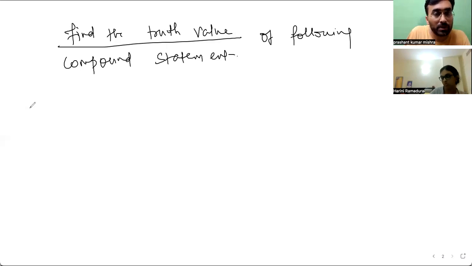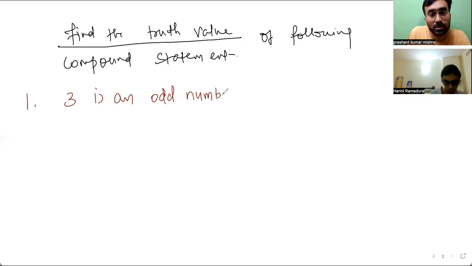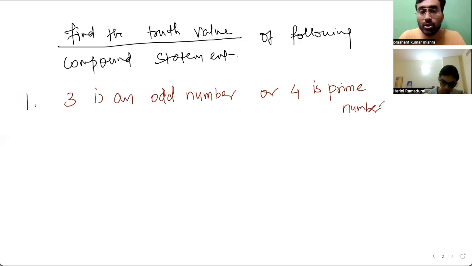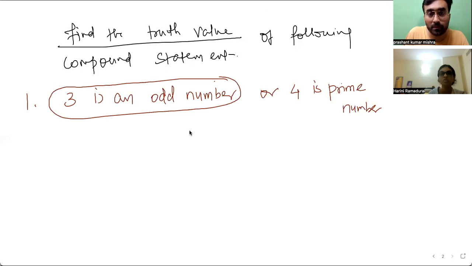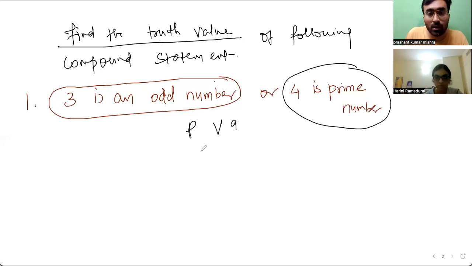Let's take the first example: 3 is an odd number, or 4 is a prime number. Decide the truth value. This is our P, and P is true. Q is false, but since it is or, it becomes true. This is true and this is false, so this will result in true.